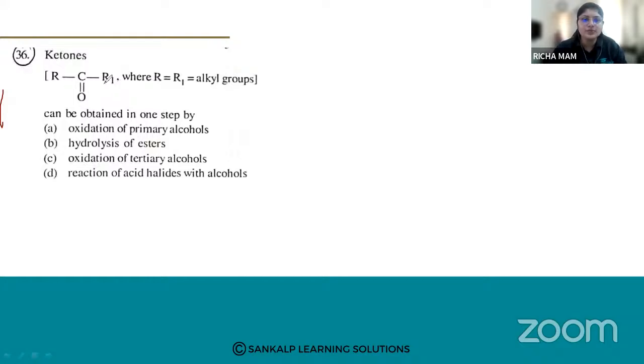Now, how do you obtain these ketones? Remember that whenever you have a primary alcohol and you do oxidation, you will get aldehydes. Secondary alcohols also will give you aldehydes.